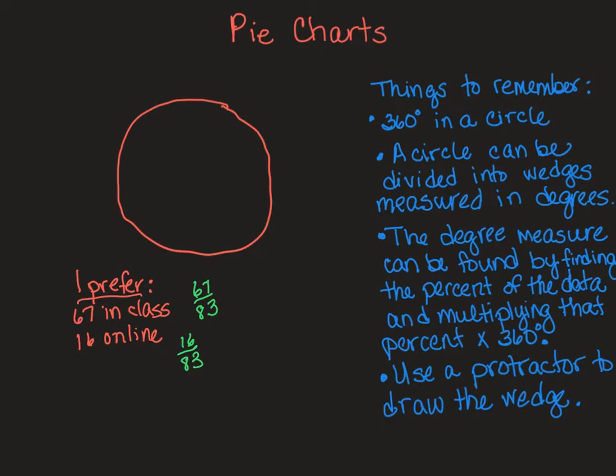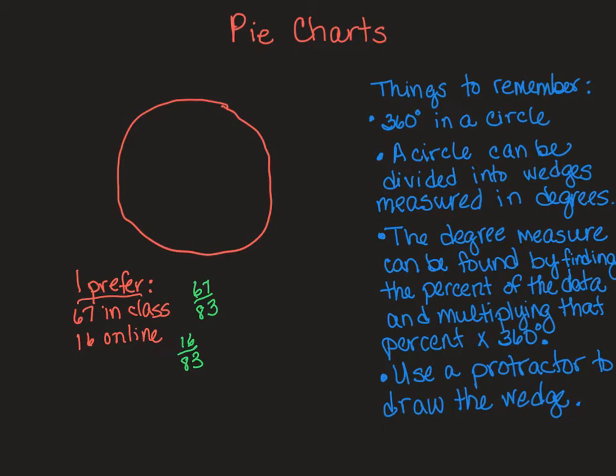And so I would change that to a percent. For those of you who would like to do the math like me, you would by hand take the numerator and divide it by the denominator. That'd be 83 divided into 67, and online would be 83 divided into 16.